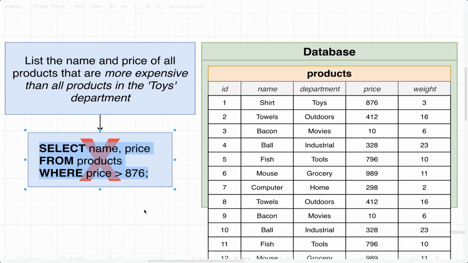We would actually have to break this into two separate queries, or two separate steps. The first query would be intended to just find the most expensive product in the toys department. That would give us the 876, and then we could write a second query that actually looks like this right here, where for 876, we'd put the result of the first query, where we found the most expensive product in toys.